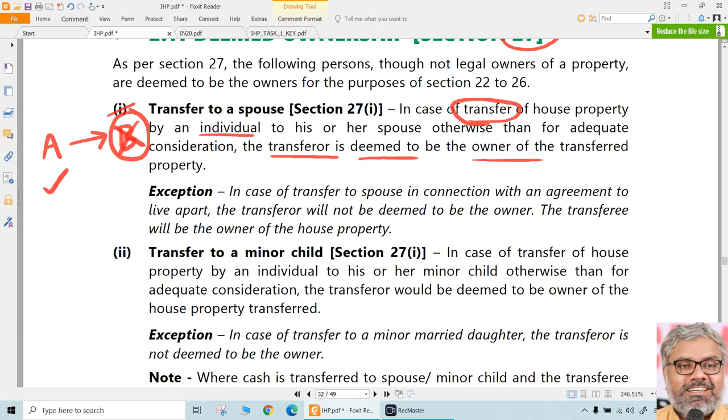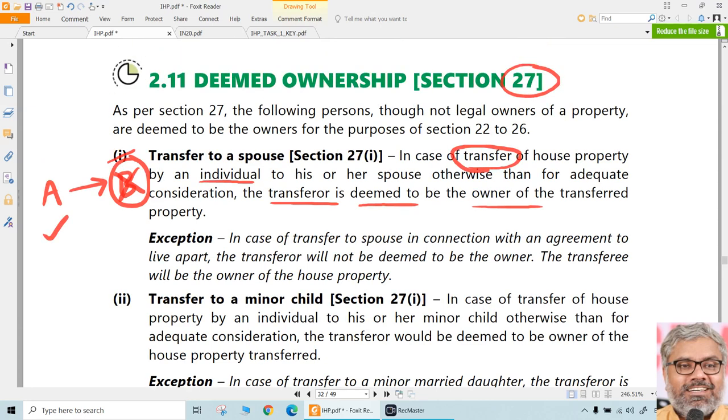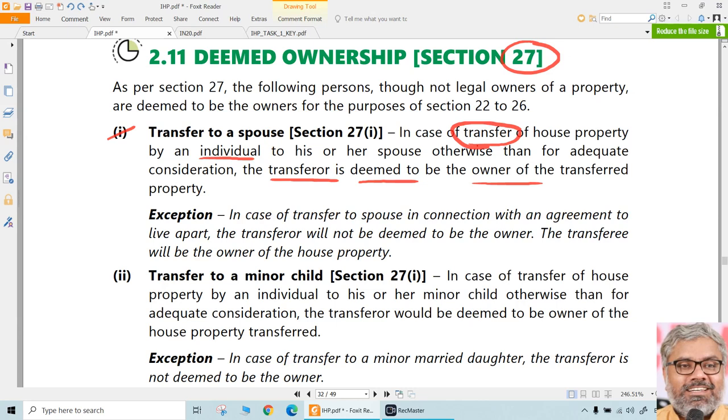A is deemed to be the owner, not according to any other law, by the way, only according to the Income Tax Act. According to section 27 of the Income Tax Act, though legally the property is transferred by the assessee to his or her spouse, if that transfer happened without adequate consideration, then the transfer is deemed by the law as good as not a transfer. So the transferor is deemed to be the owner of that property.